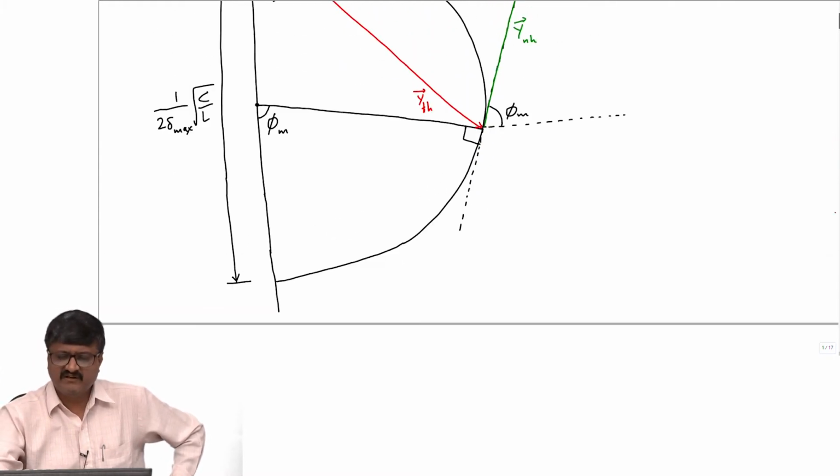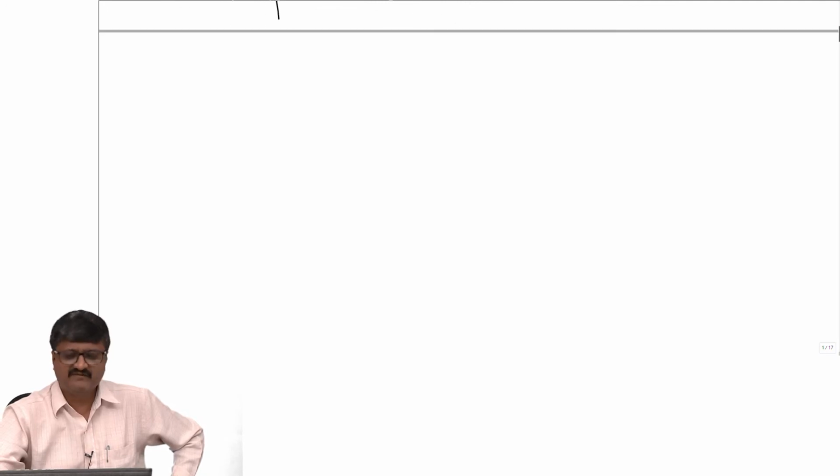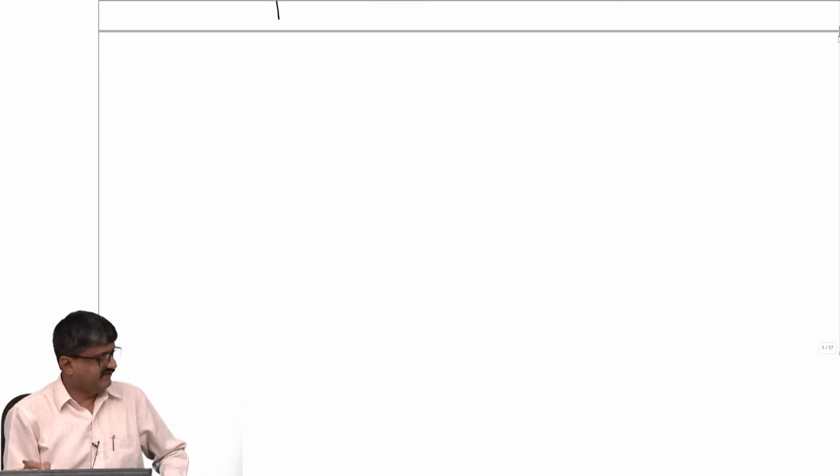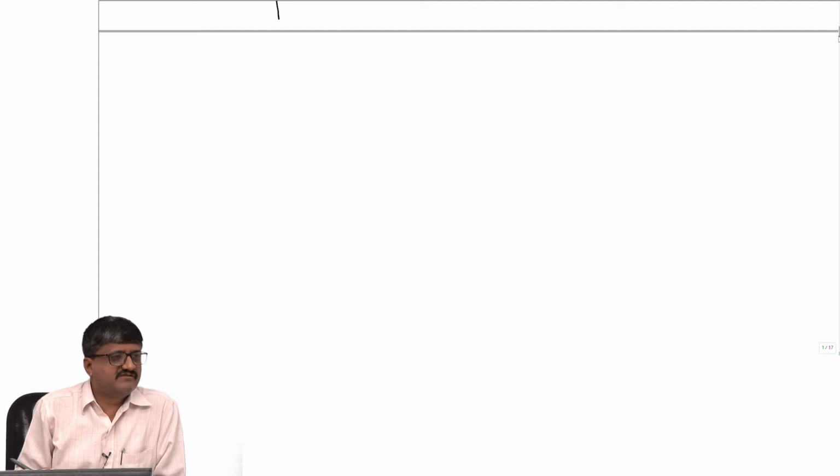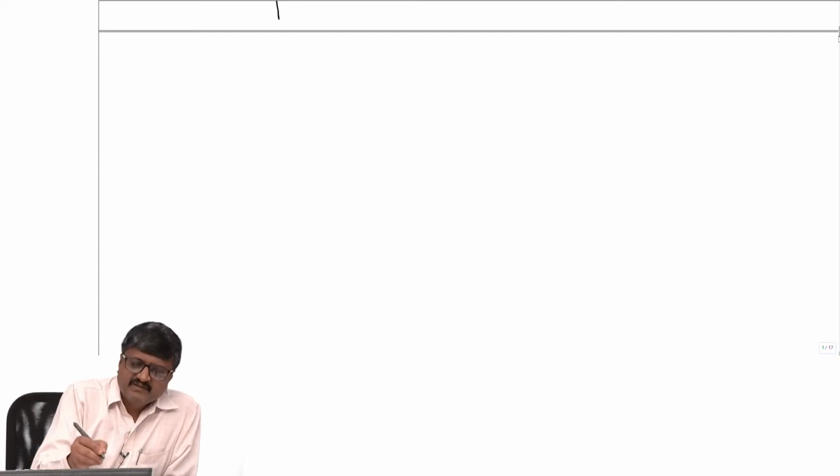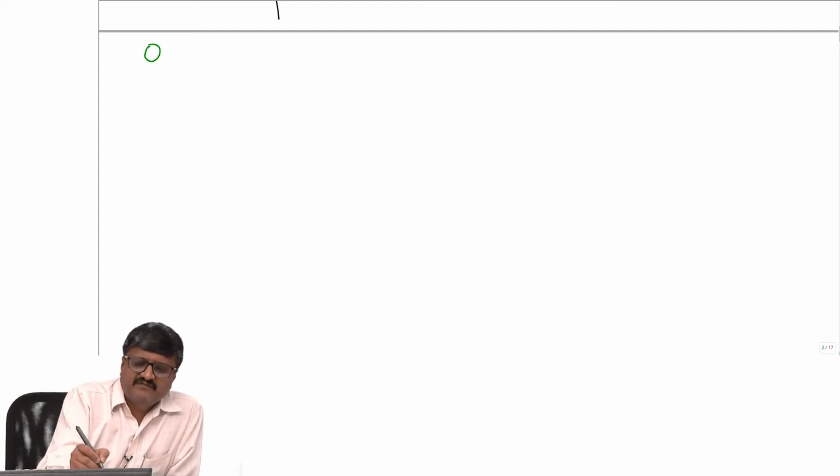Okay. Now let us continue our discussion of design of single tuned filter. So we said that we have to minimize the cost of the filter, a minimum cost filter. So we got the expression for the reactive power rating of the inductor.